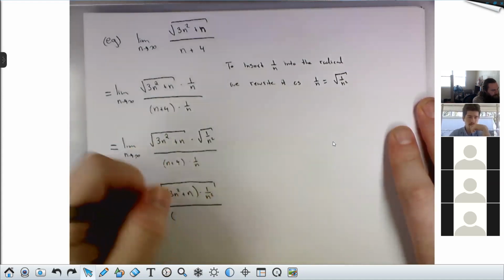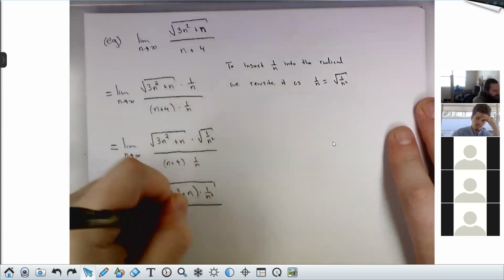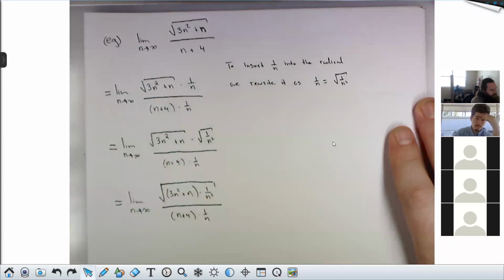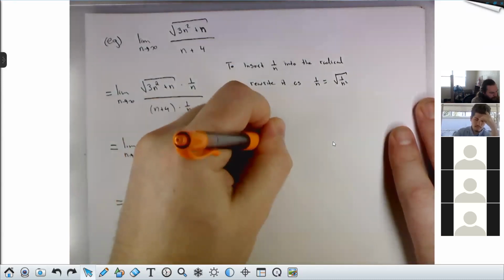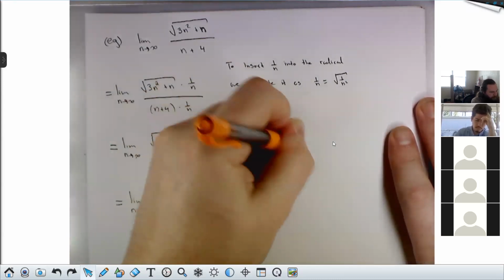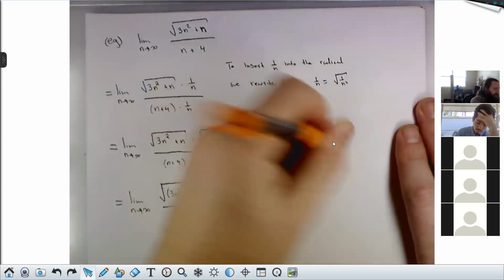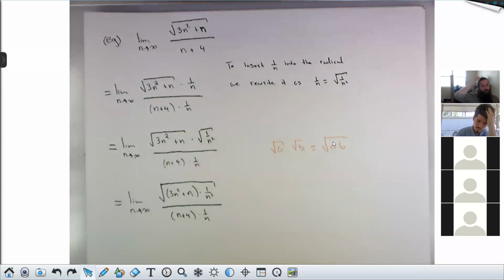That's just an algebra rule. And then down here, I still have n plus 4 times 1 over n. The algebra rule running in the background there is that the square root of a times the square root of b is the same as the square root of a times b. Square roots do play nice with multiplication, just not with addition or subtraction.